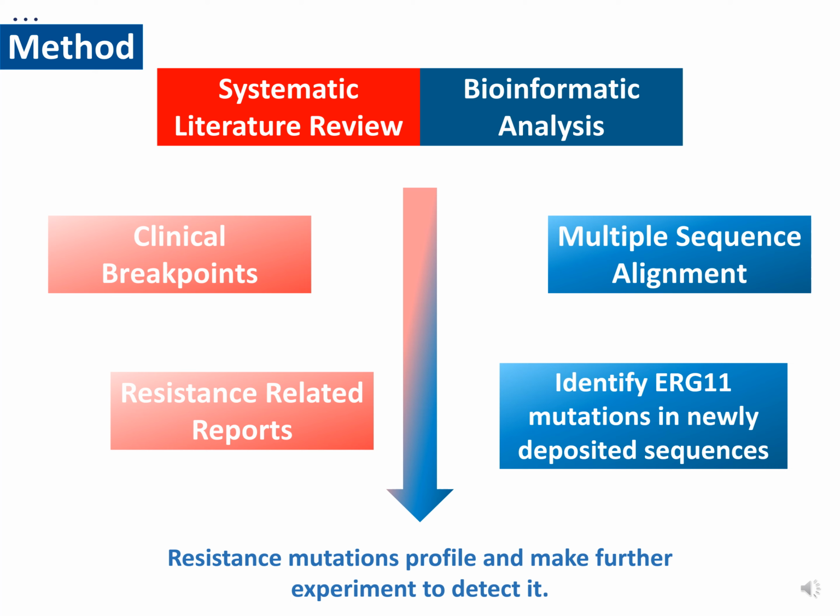The bioinformatic analysis was conducted to analyze relevant prevalence and visualize the resistance-related hotspot regions, and it will also help us to identify newly deposited sequences which may be carrying the resistance mutation, and make further experiments to detect it.